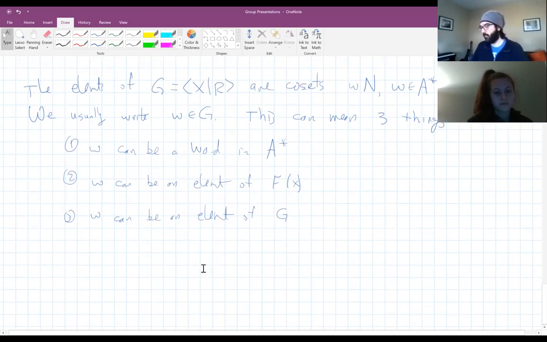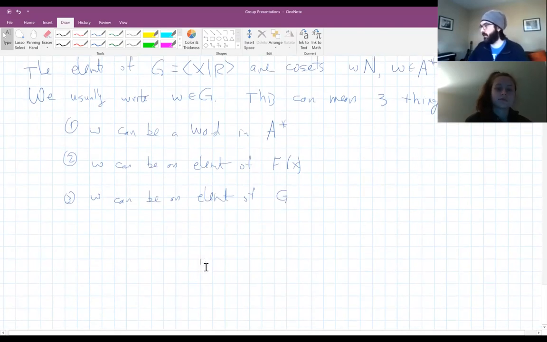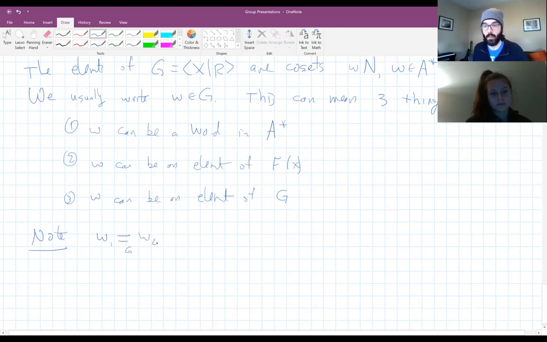One more thing to tell you, and then I think we're going to start looking at some examples. Final thing to note: when I write w1 = w2 in G, that's why I was putting G under the equal sign, to let you know where we're at.